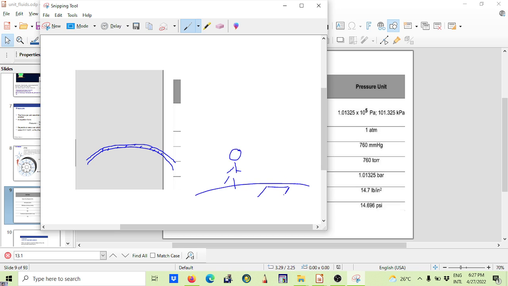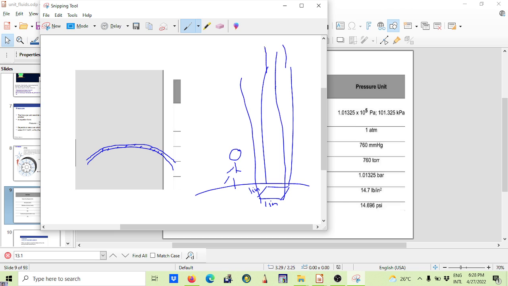And if you take a small area here, 1 inch by 1 inch, again, I'm just repeating, and you put a scale. Let's say you have a very small scale here, that size. You can go up to space, okay? So this is space, and this is all the air we have in the atmosphere.